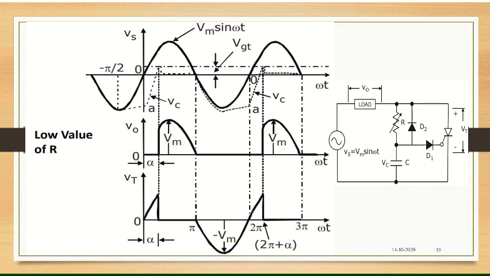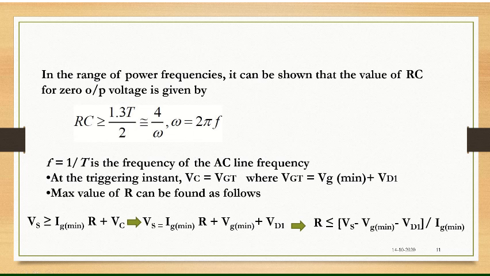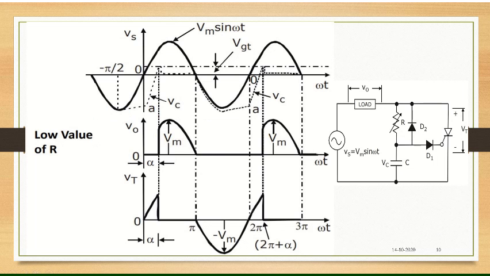Whereas in this circuit, you can control alpha from 0 to 180 degrees, based on the value of R. Exactly not 0 and 180, but you can reach to within 1 or 2 degrees of them. So that's the advantage of this RC triggering circuit.